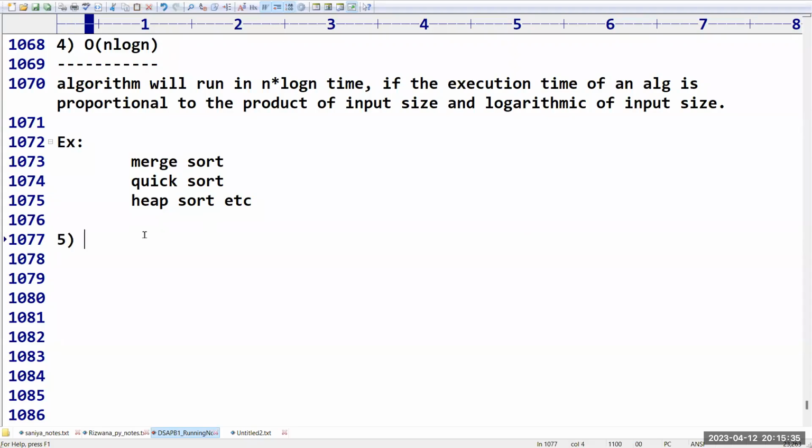Next one is quadratic time. Yes, an algorithm can have quadratic time also. Big O of n square. Just for our understanding, I am saying n power 2.